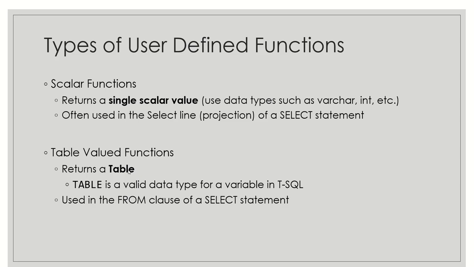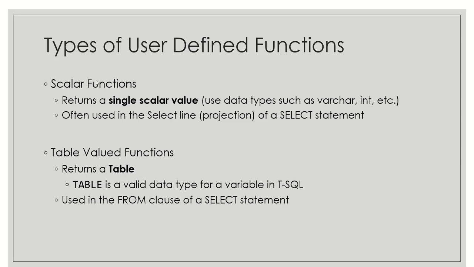When we have a table-valued function being called, most often that function is used in the from line. And this is used more similarly to when we would be calling from a table or from a view. So this provides for us a created or generated data set that we can treat like a table.